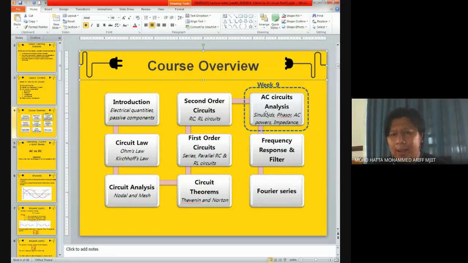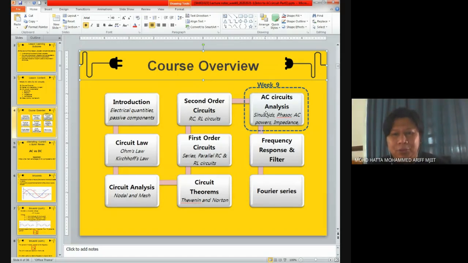For AC circuits, we expand the knowledge on power, where power comes from three elements and is divided into three.